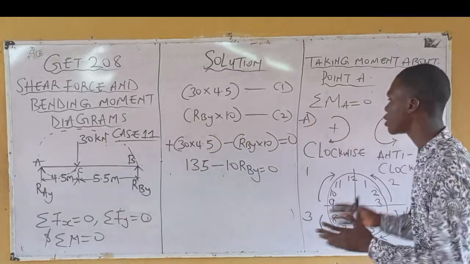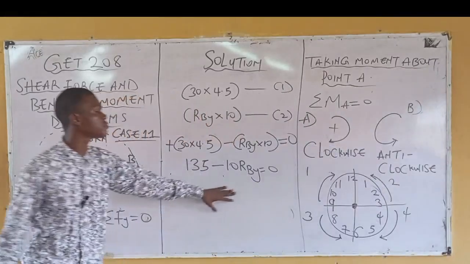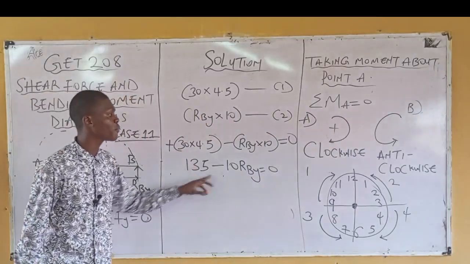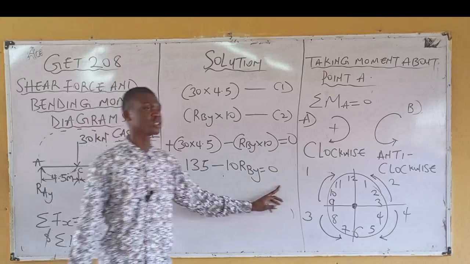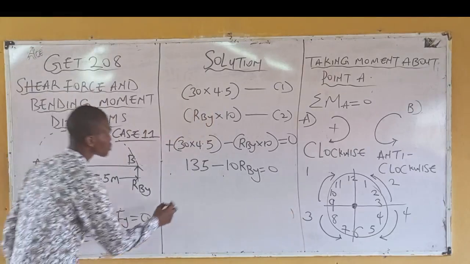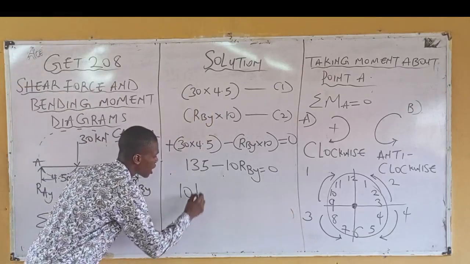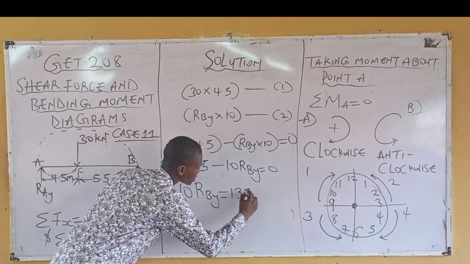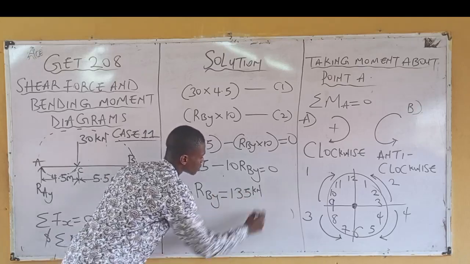Let's get back to what we are doing, please. From here up to this level, any question? I have 135 minus 10 RBY equals to 0, right? Now make RBY the subject of the formula. That becomes 10 RBY is equals to 135 kilonewton, right?